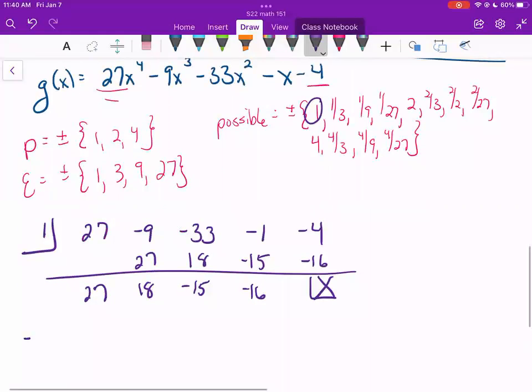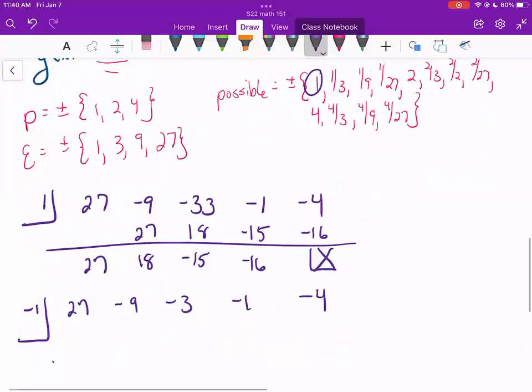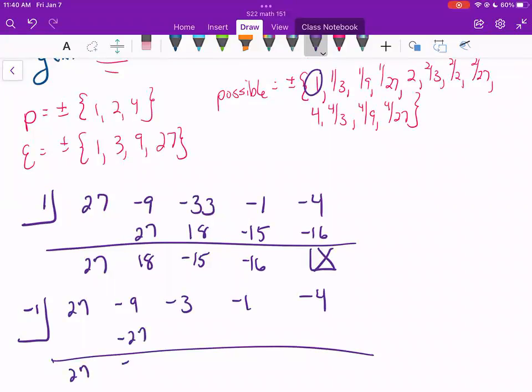Well, I'm going to check -1. When I plug in -1 using synthetic division, I have 27, -27, which leaves me with 0. Then -36, sorry, this was a 33, which leaves me with 3, giving me -3, -4, which is +4, and that is 0.